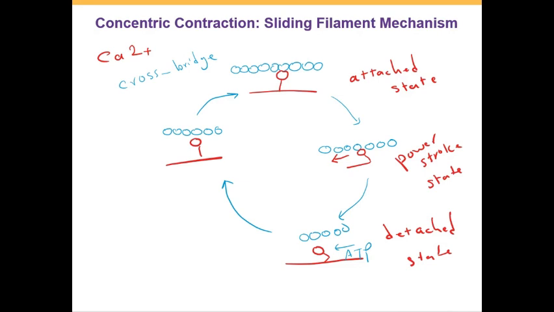Then the ATP binds to the myosin and says, hey, let's get a little bit relaxed, and then it gets more energy and gets back to the original position, and then it can bind to another actin molecule. That is the cross bridge cycle or sliding filament mechanism.